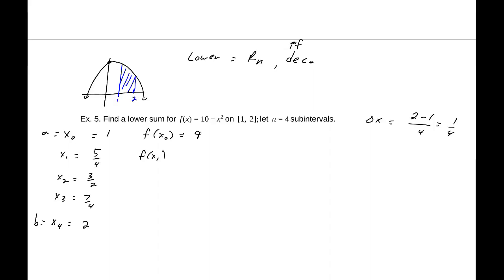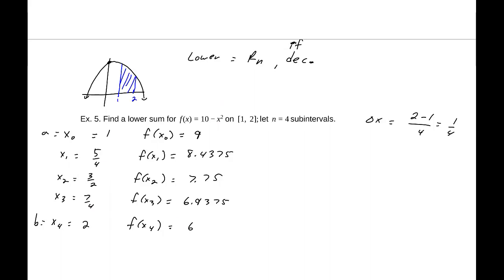F of x1 is 8.4375. F of x2 is 7.75. F of x3 is 6.9375. And f of x4 is 6. So again, we're evaluating the function 10 minus x squared at each of these endpoints to get these function values.